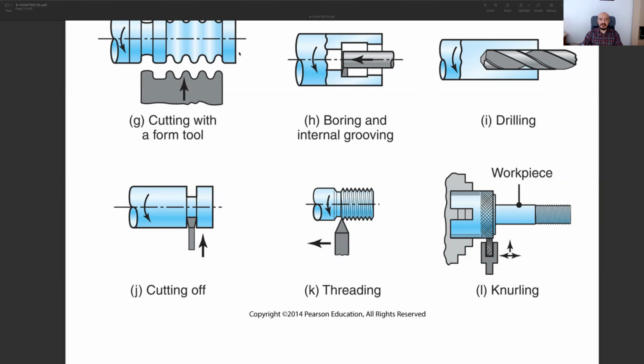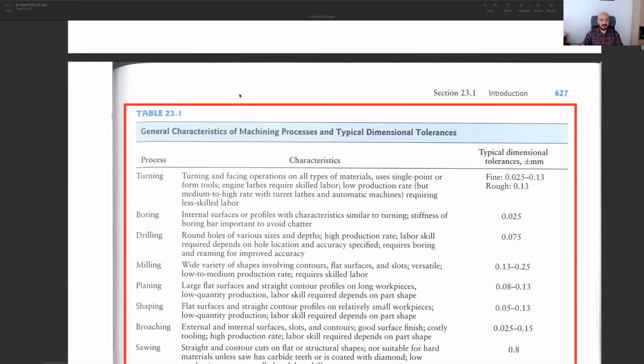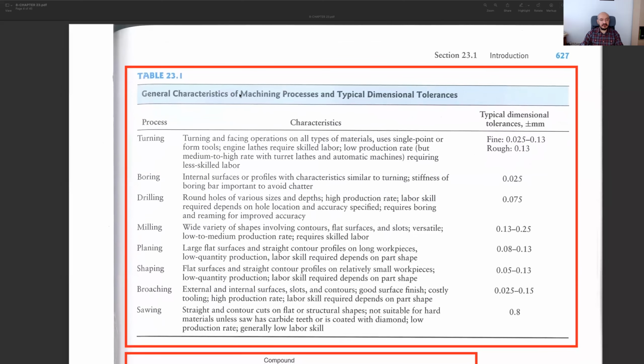We may discuss some other details in the lectures, but these are right now, I can say, on these machining processes. And briefly talking about the quality of turning operations compared to other operations, if you look at here, the typical dimension tolerances for fine turning operations, we have quite good tolerances, but with a rough turning operation, then obviously, since it's a roughing operation, we need to perform another finishing operation after roughing.